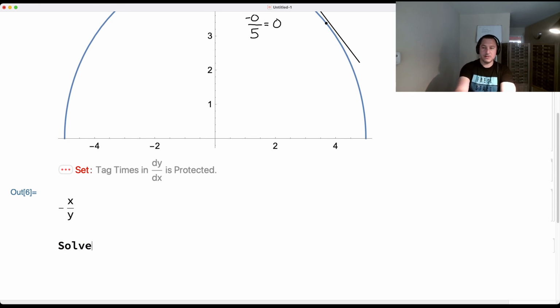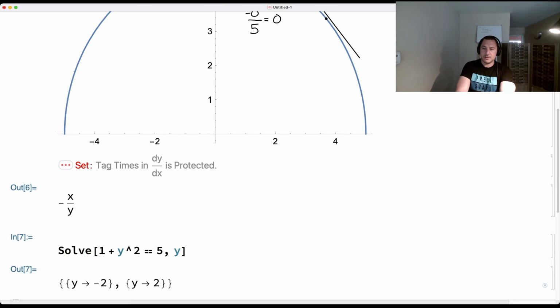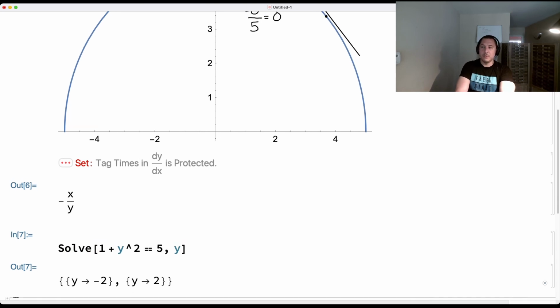If the x value equals 1, what's the y value? So you would get 1 plus y squared equals 5. Solve for y.